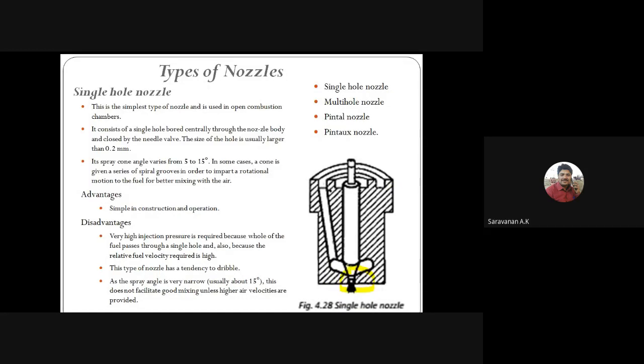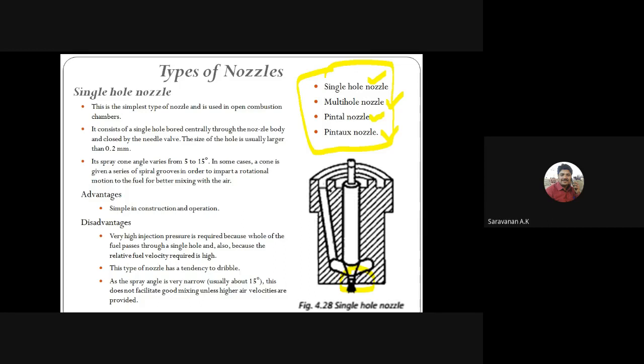Here we have four types of nozzle: the single hole nozzle, multi hole nozzle, spindle nozzle, and Pintaux nozzle.